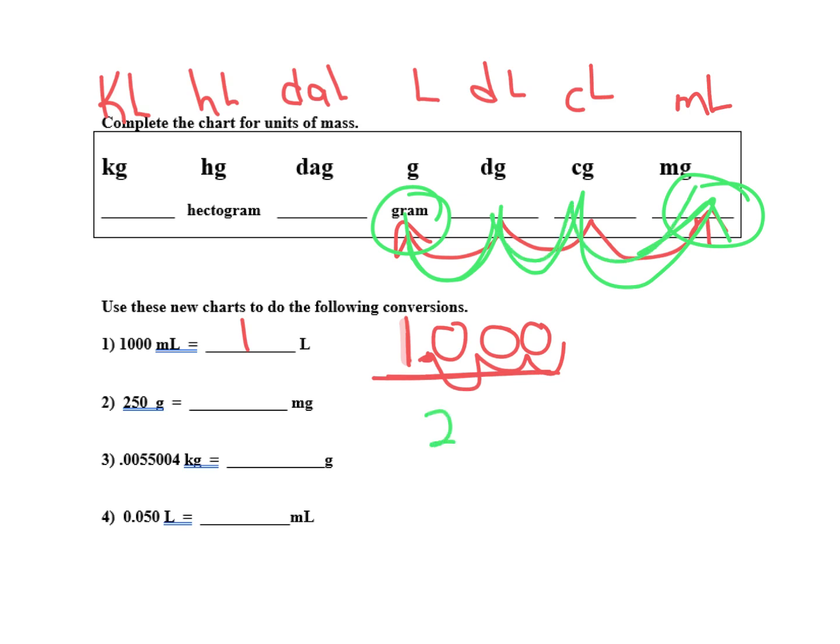So I have 250. My invisible decimal point is there. I'm going to go 1, 2, 3 places to the left. So I'm going to fill those places with placeholder zeros. 2, 5, 0, 1, 2, 3 more zeros. And there's my answer.